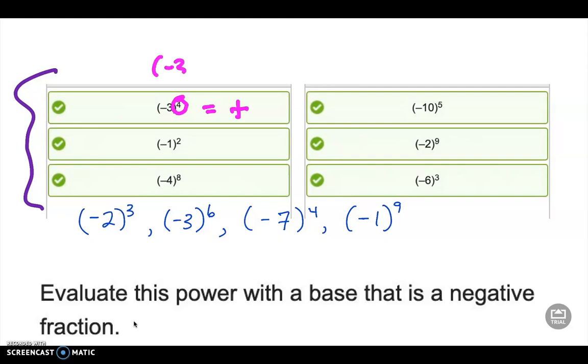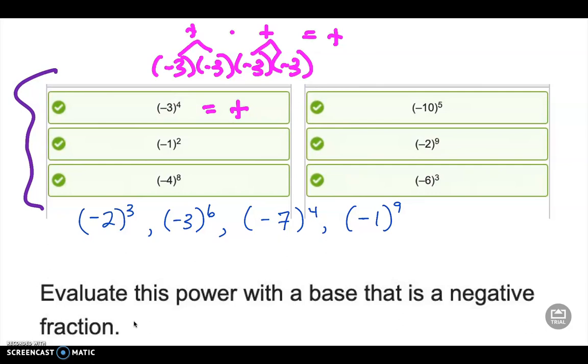Because if you take -3 times -3 times -3 times -3, well, negative times a negative is a positive, negative times a negative is a positive, and positive times a positive equals a positive. So anytime you can pair up negatives, your result will be positive. If the power is even, it's going to be positive.